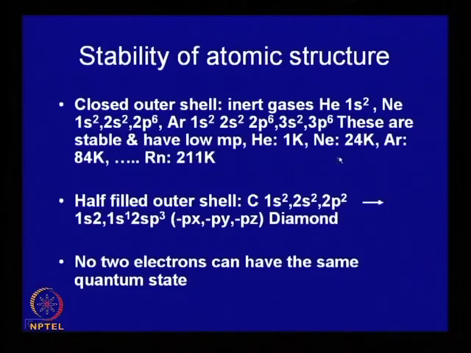We will see later why, as you go down the group, this melting point goes up. So, the most important criterion of the stability of atomic structure is a closed outer shell, which you get in inert gases, and these are the elements where the bond is weakest.